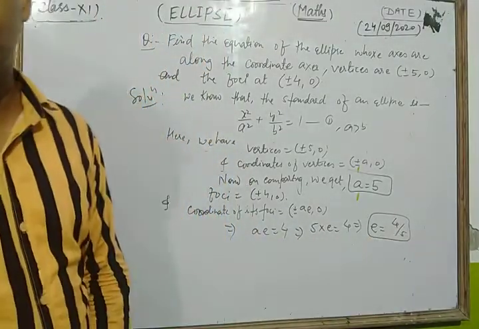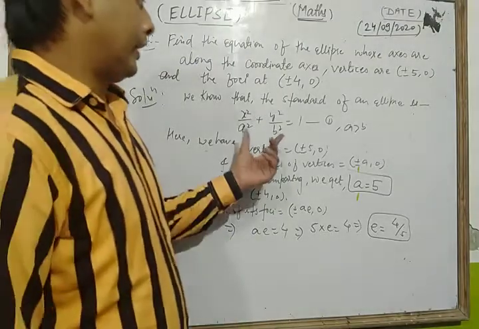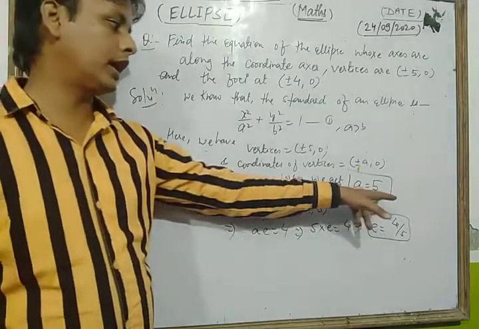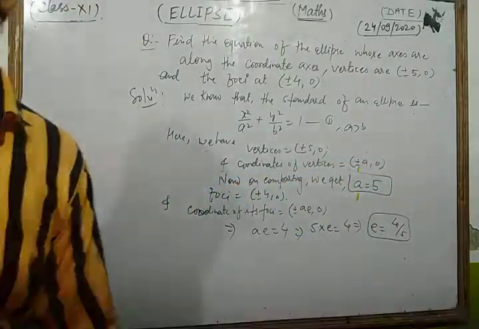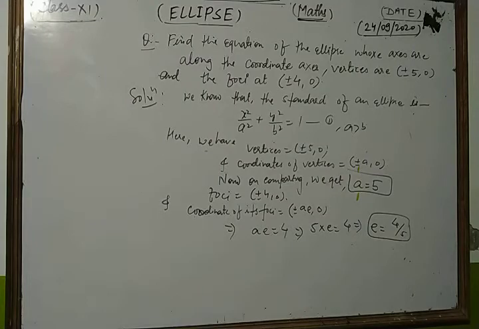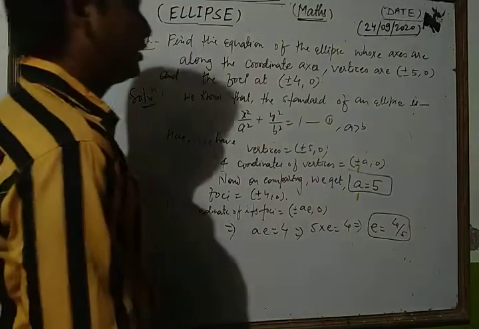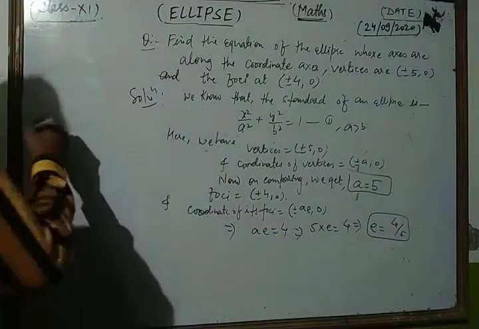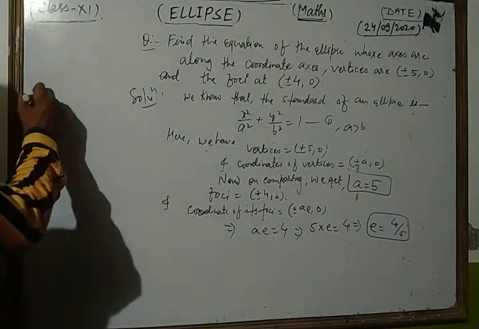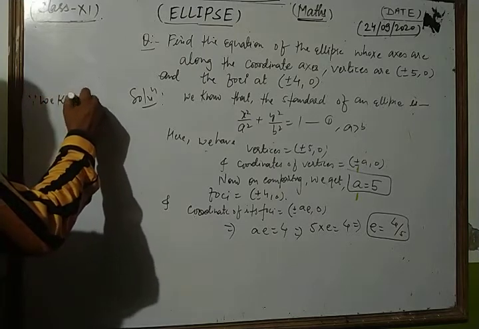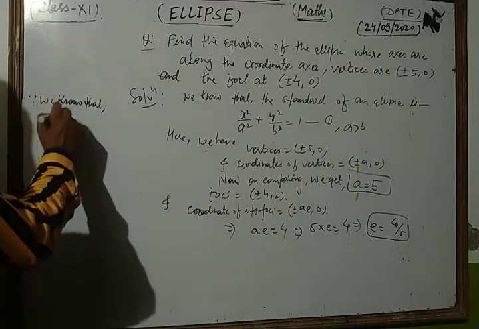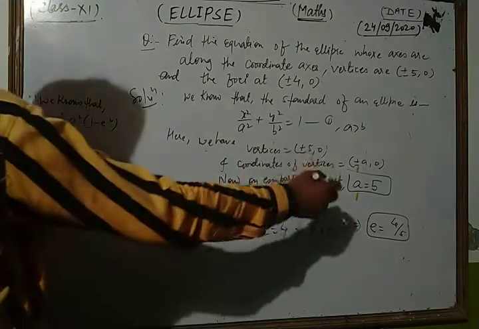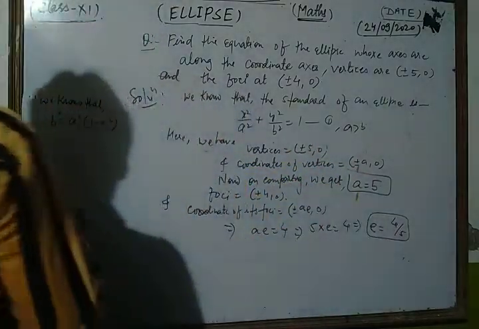Now, dear students, for finding the equation of an ellipse, we have the value of A, and we also need to find the value of B. We know that B square is equal to A square in bracket 1 minus E square. So we put the values of A and E in this.